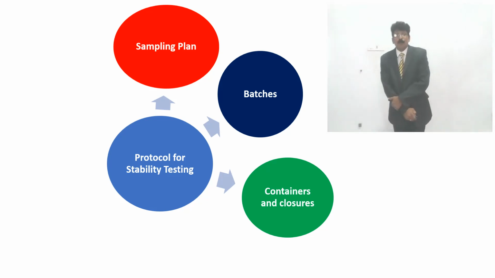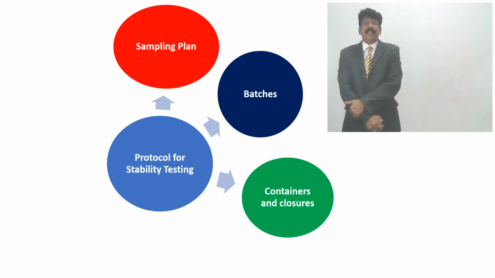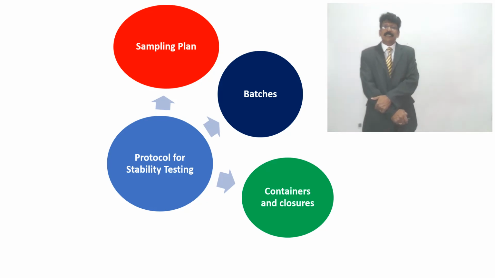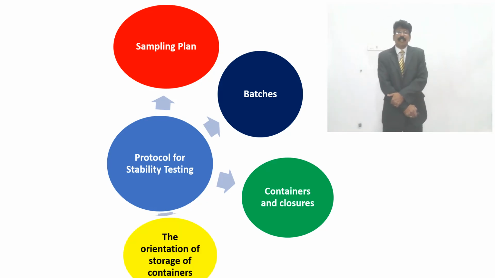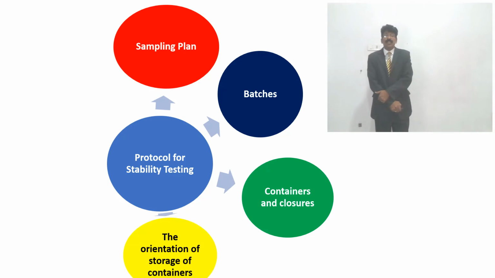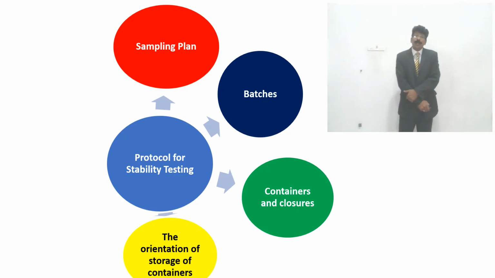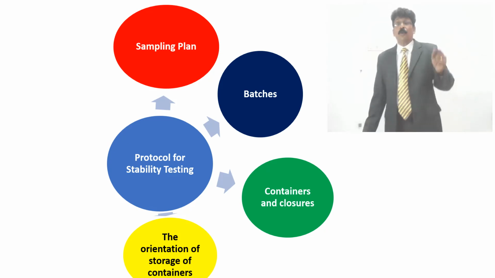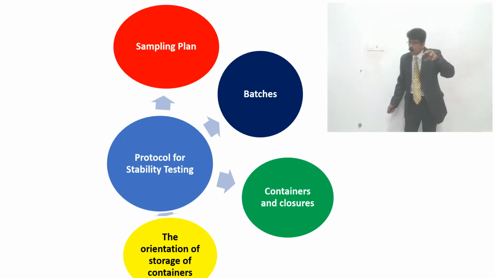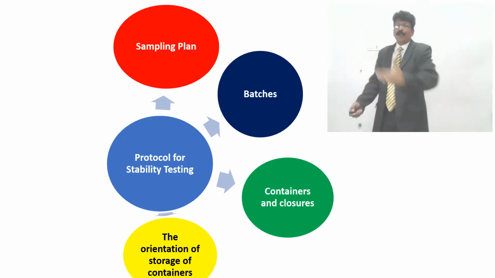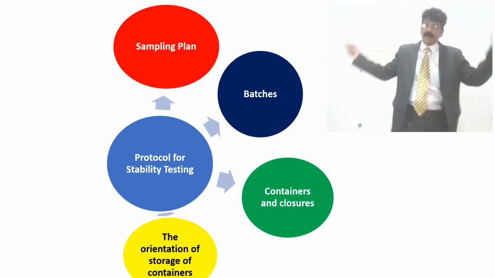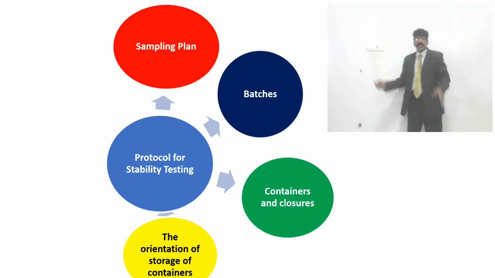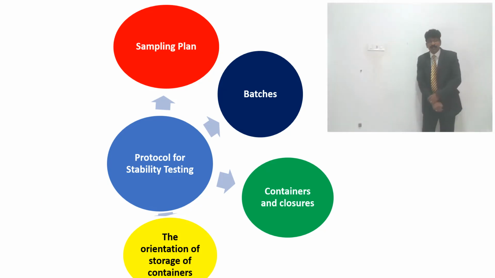So the protocol of stability covers the batches, containers and closures, and the orientation of the storage containers. Orientation means the product stored in the containers may have leaching, or some reaction with the container materials, and the orientation of the storage conditions.